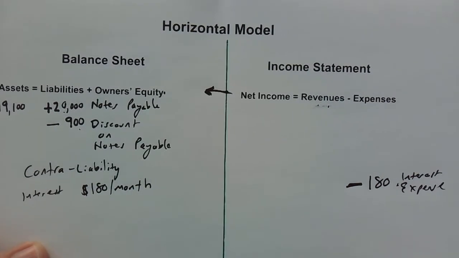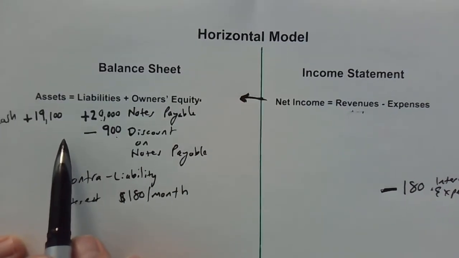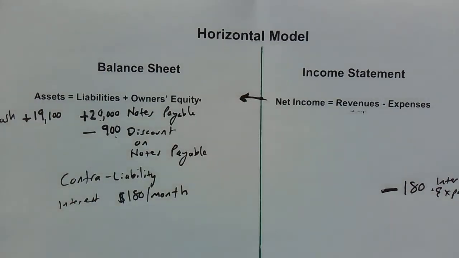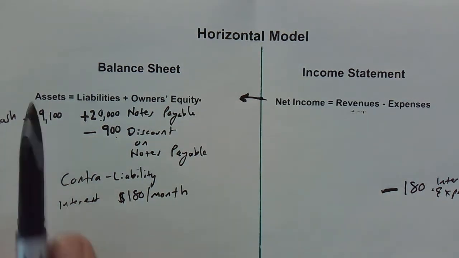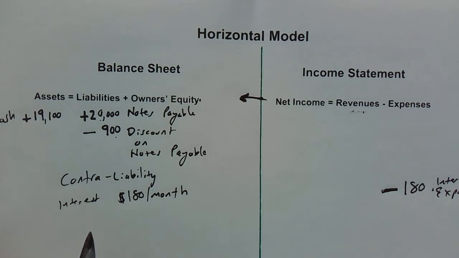We're reducing it by $180. If there was any revenues that come in, we're reducing it by $180. Now, we need another 180. Where are we going to put that? Because we have to balance this. Well, we're not going to take it out of cash because we're not actually writing a check for the $180. This was already accounted for in only receiving $19,100. So where do we offset this $180?